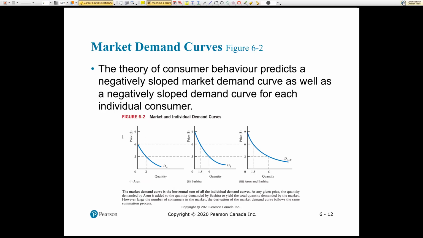Maybe I've told you that before, we always represent prices on the vertical axis and quantity on the horizontal axis. This has been done for a century now. And it can be sort of confusing because in principle, you would say I react as a function of the market price.